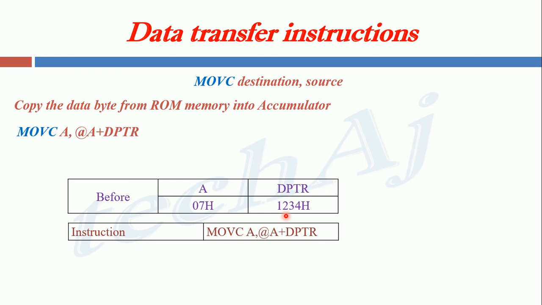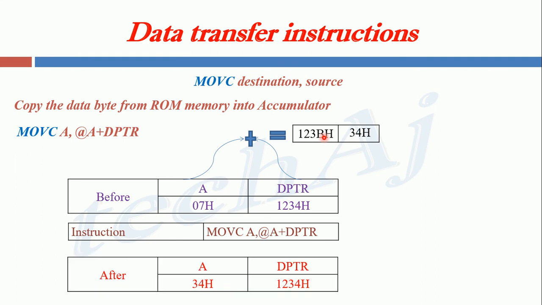Whenever we execute this instruction, the microcontroller will form the address by adding the data in accumulator and dptr. After addition, suppose we have got the value 123Bh. The microcontroller assumes this as the address, and whatever the value is at this address is copied into the accumulator.